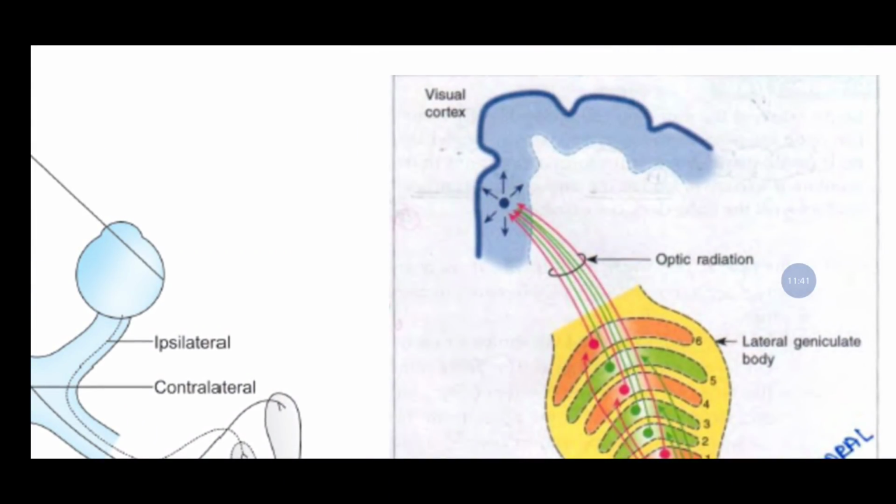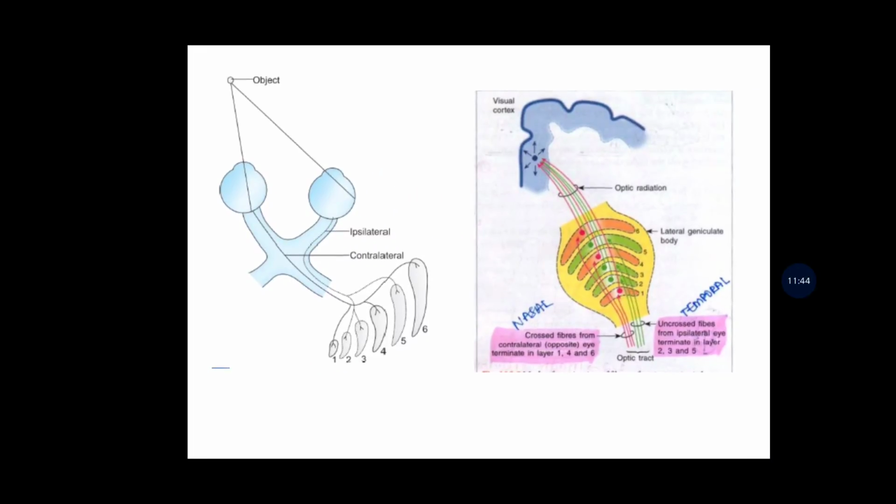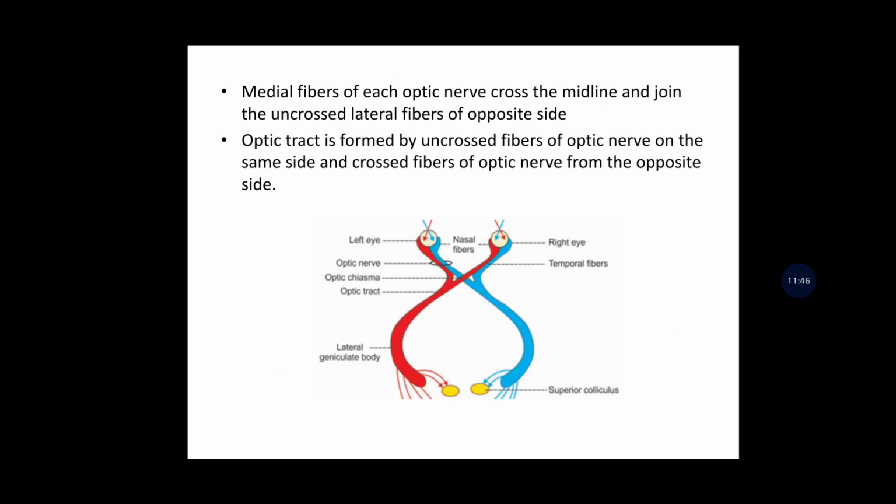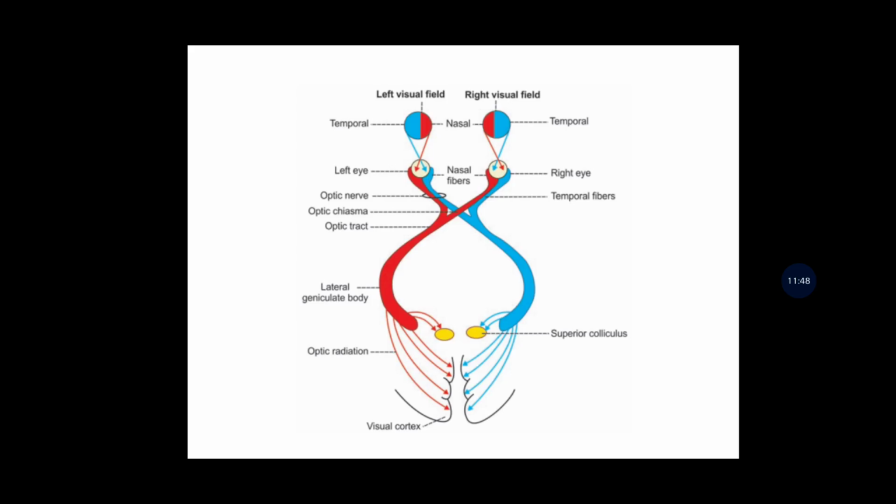Now this lateral geniculate body further subdivides into optic radiation, and this optic radiation finally terminates in the visual cortex. The Brodmann area is area number 17. The visual cortex is where the complete visual processing is done.